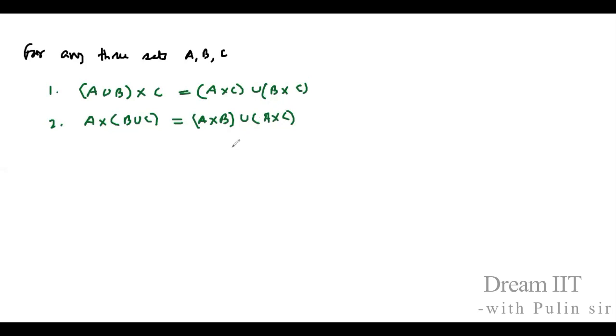Over union. Similarly, if you want to take intersection, then also it will be distributive for intersection as well. Please note down this property. It is okay, easy only, but sometimes we forget.